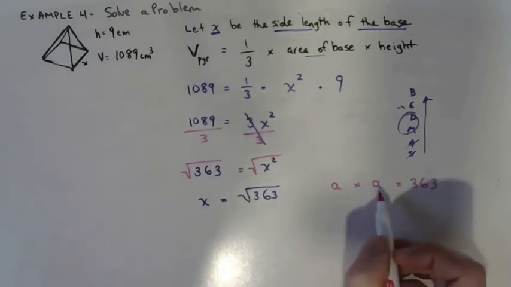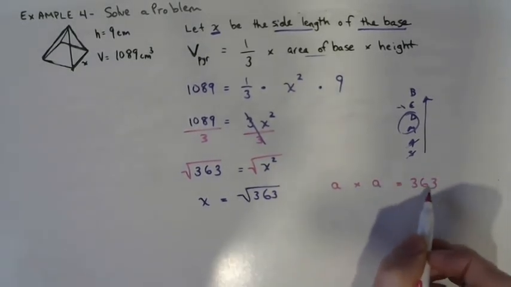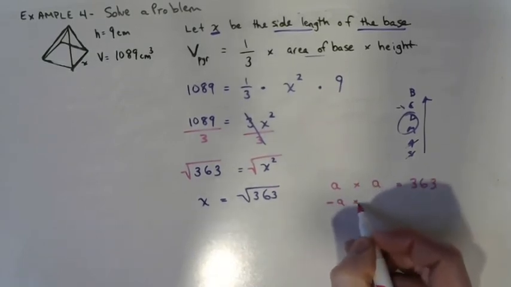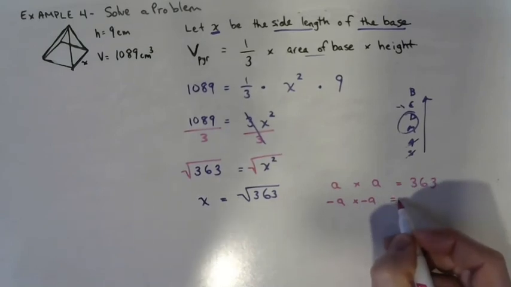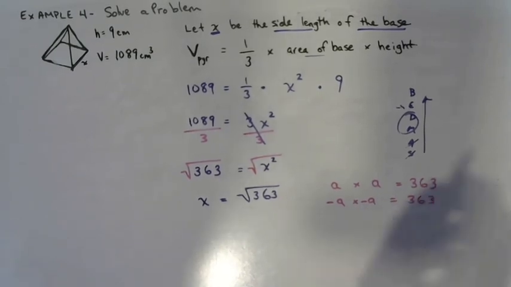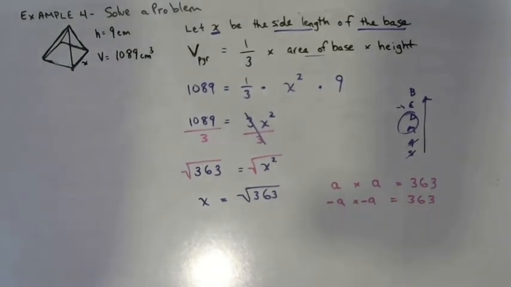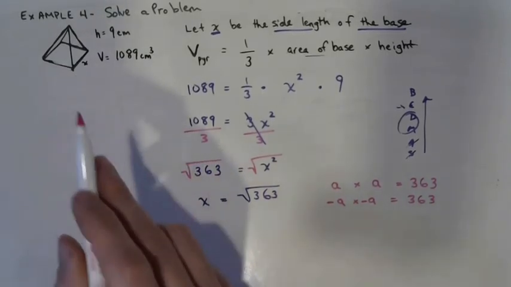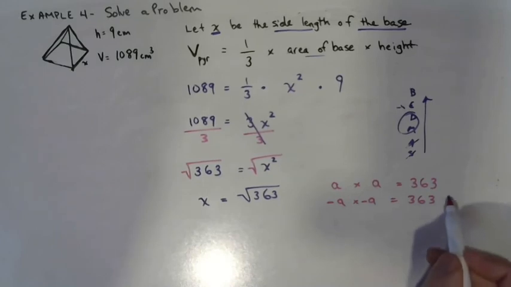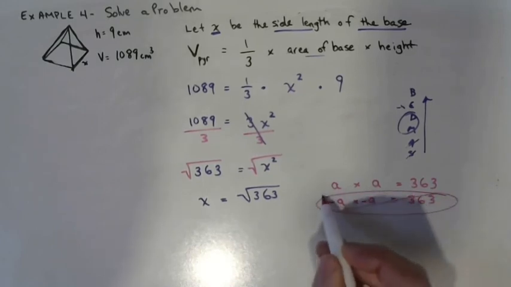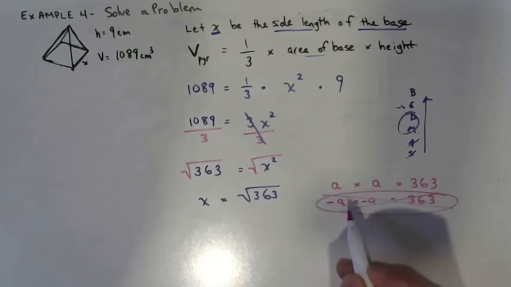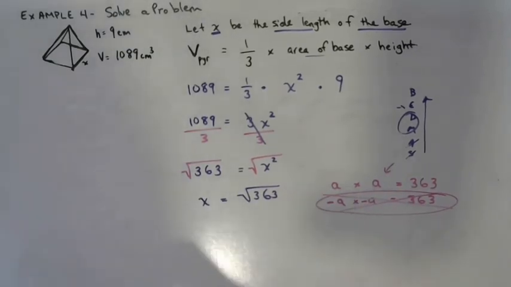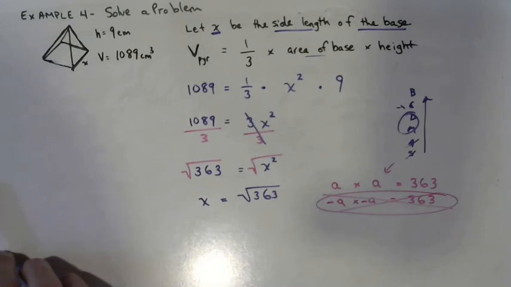But what's also true is if I took negative a times negative a, I could also get 363. Now, in our situation where we're talking about side lengths, I'm not going to worry about the negatives because I can't have a negative side length. It doesn't make any sense. So I'm only dealing with the positive square root, this positive radical.